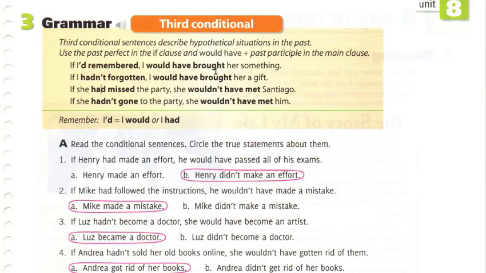In the second part, we have the conditional, using the word would to declare it as third conditional.